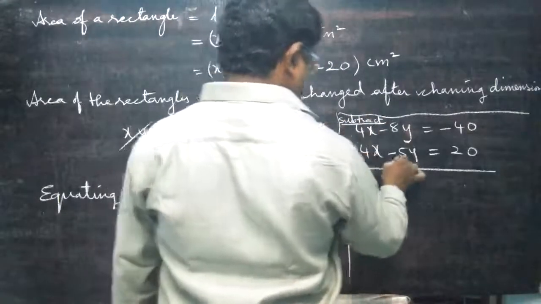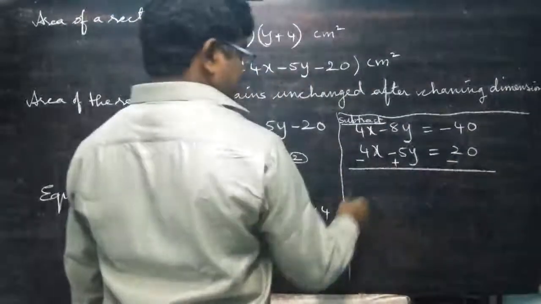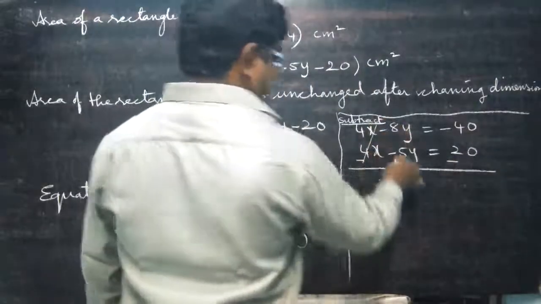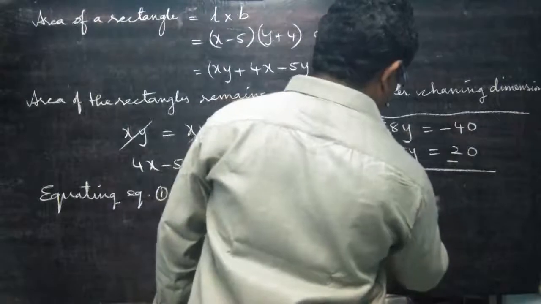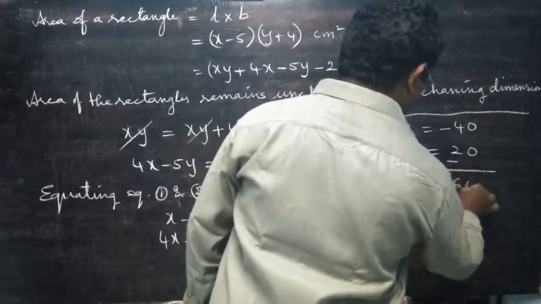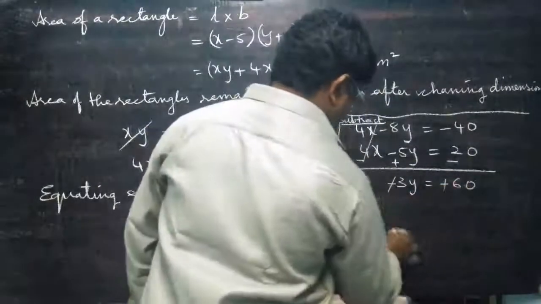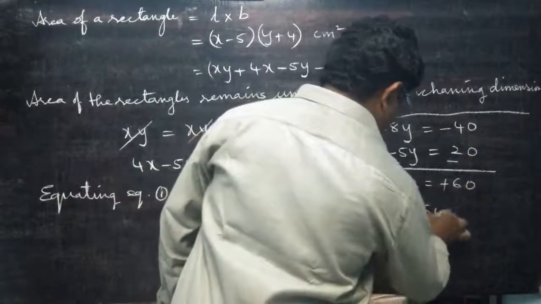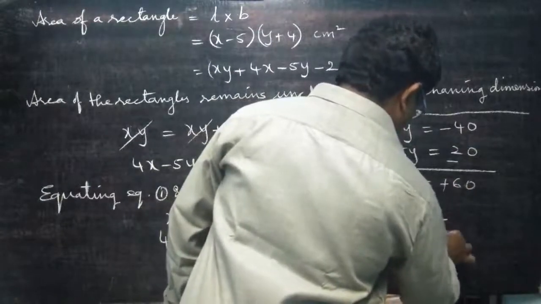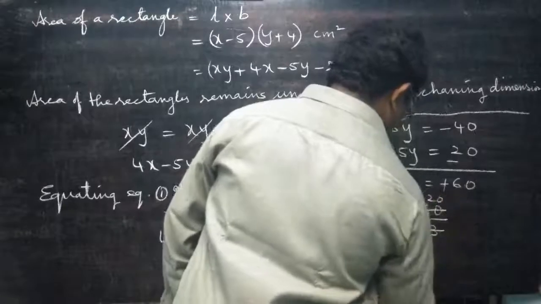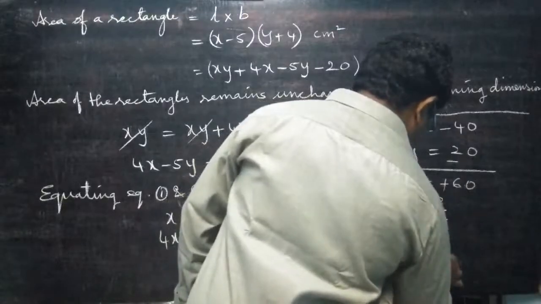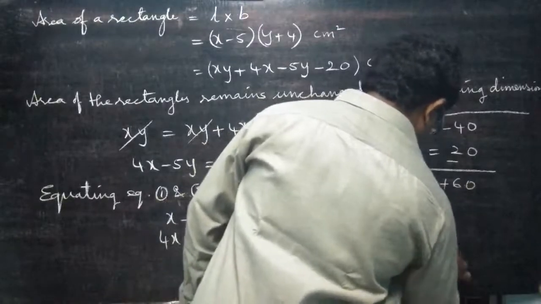Subtracting, 4x and 4x get cancelled. Minus 3y is equal to minus 60. Minus minus get cancelled. Y is equal to 60 by 3, goes 20 times. So y is equal to 20.